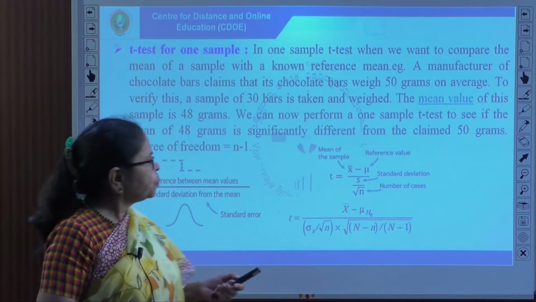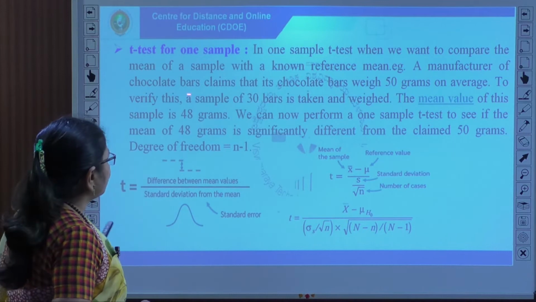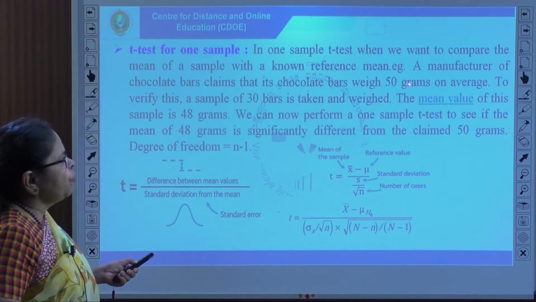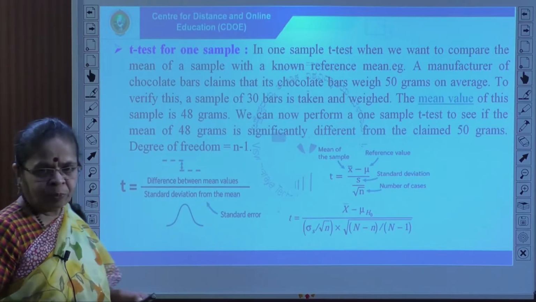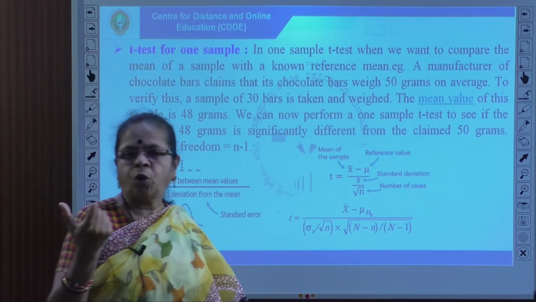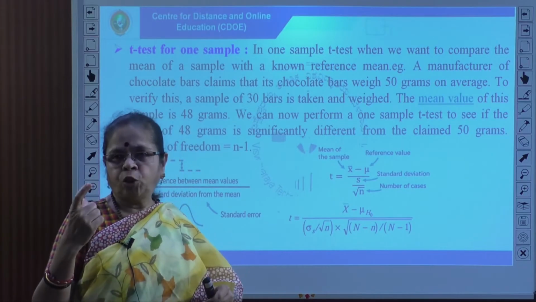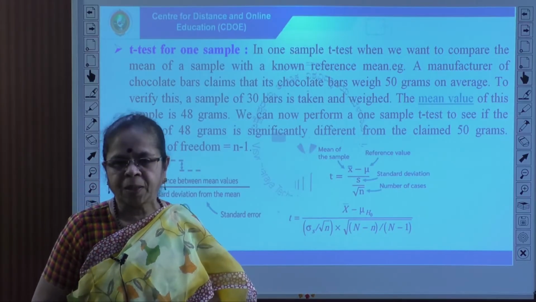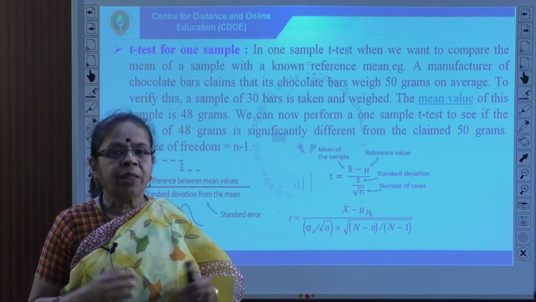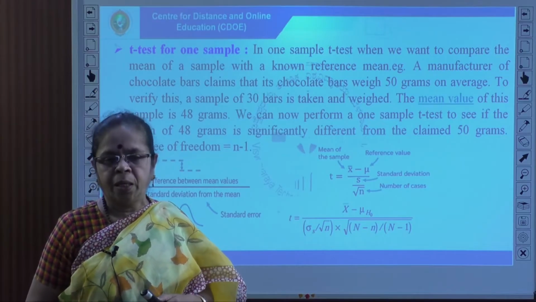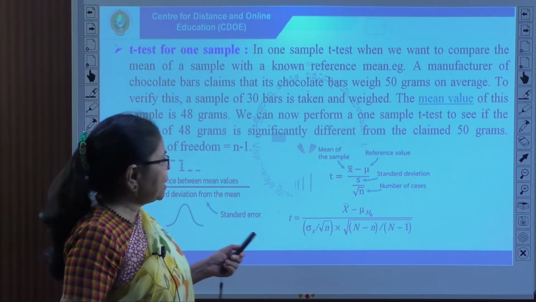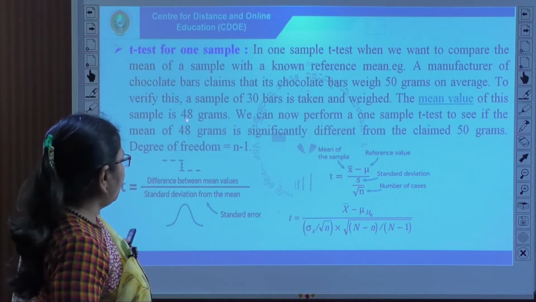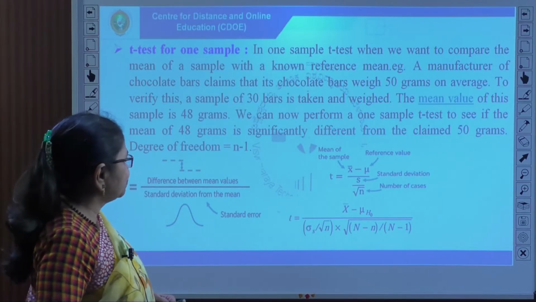For example, a manufacturer of chocolate bars claims that its chocolate bars weigh 50 grams on average. So, I have homemade chocolate I am selling, and each bar is 50 grams. Now, I want to test whether the shopkeeper is telling the truth or not. So, I test 30 bars at random and I get a mean value of 48 grams.